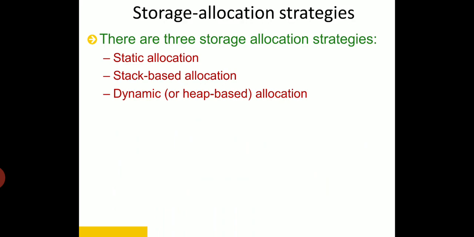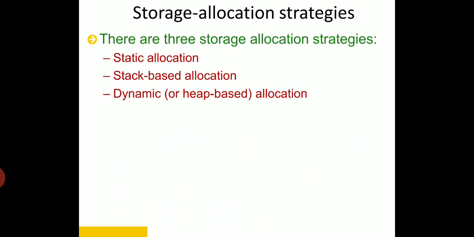Then stack based allocation means if the number of variables we require is already known to the programmer, we can easily go for stack based allocation. In the case of recursion, recursion uses a data structure called stack, so we can say that the stack also supports some sort of dynamic allocation.